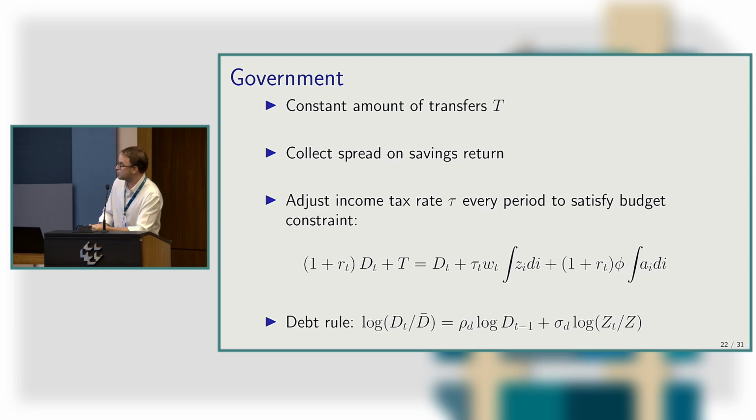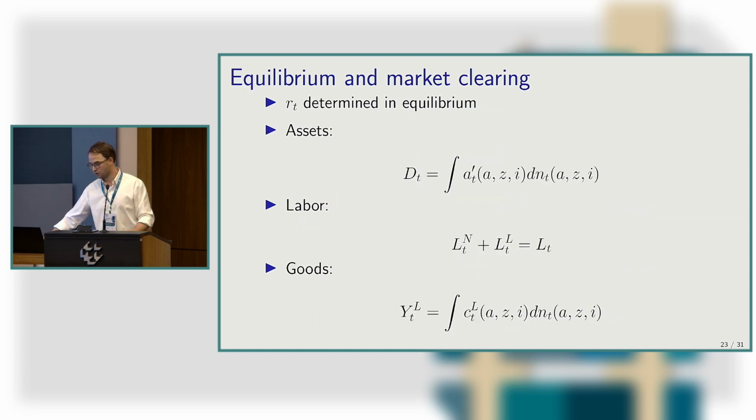It collects the spread on the savings return, and it adjusts the tax rate every period to satisfy the budget constraint. I also assume a particular rule for the evolution of the debt level. Finally, these are equilibrium conditions of the model, and what I want to highlight here is that the real interest rate is determined in equilibrium.